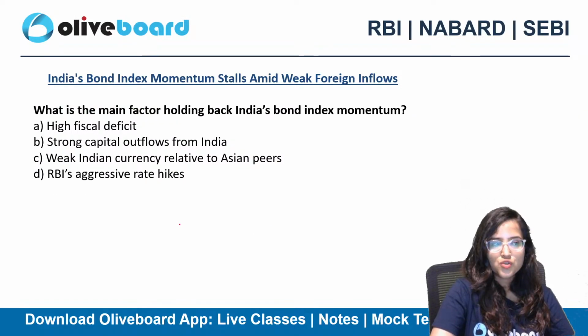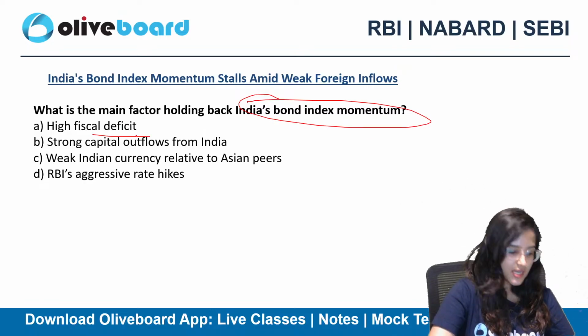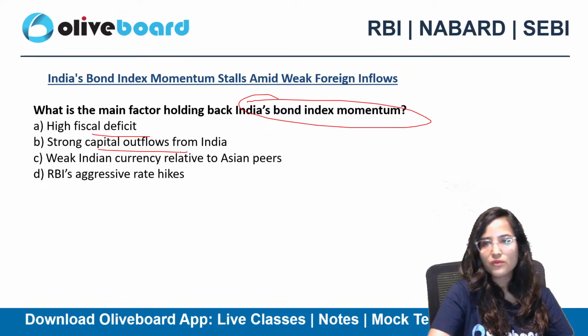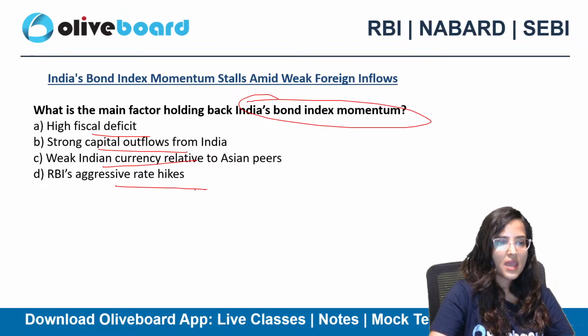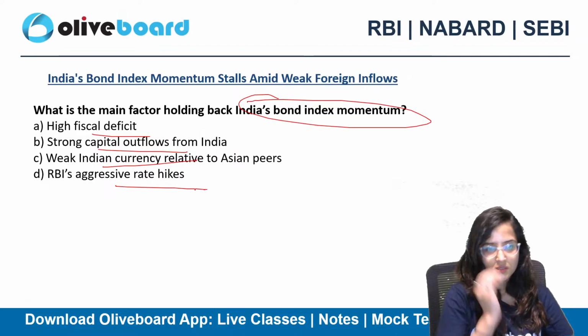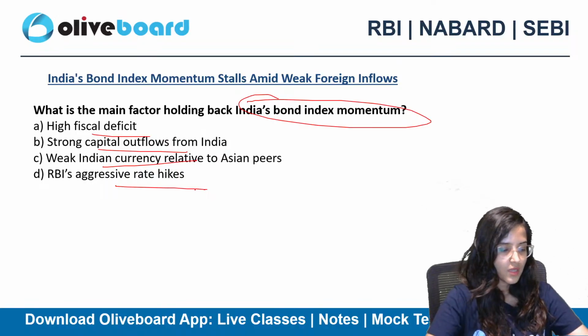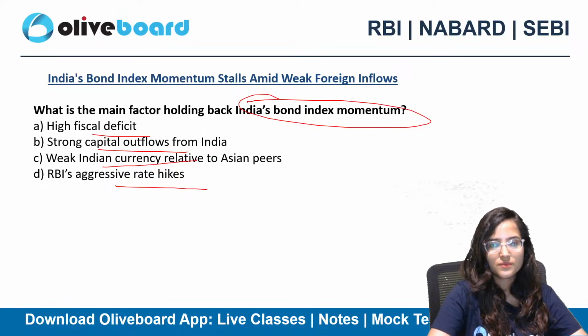So, what is the main factor holding back India's bond index momentum? High fiscal deficit, strong capital outflows from India, weak Indian currency relative to Asian peers, or RBI's aggressive rate hikes?